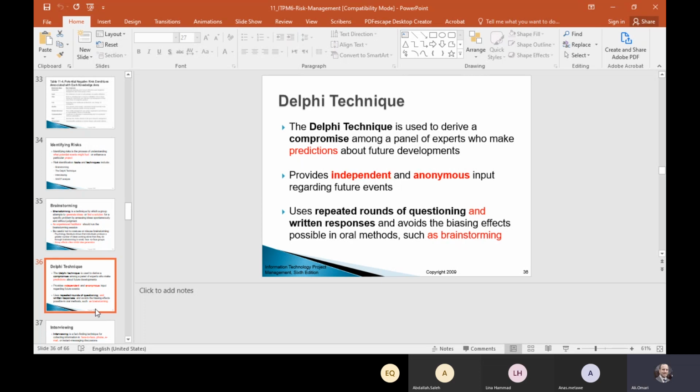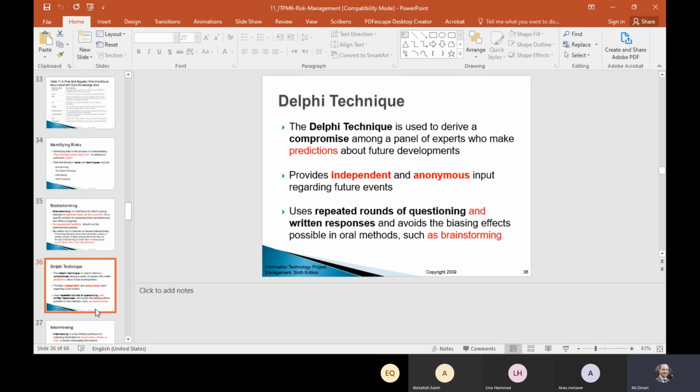The technique uses rounds of questions and written responses, and by writing you are trying to avoid the bias effect possible in face to face methods such as brainstorming.